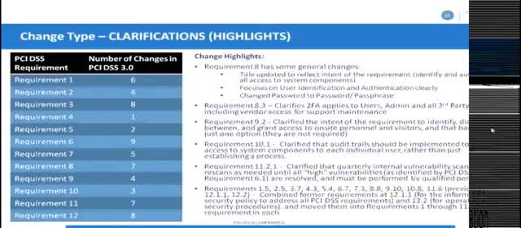Requirement 11.2.1 clarifies that quarterly internal vulnerability scans include rescans as needed until all high vulnerabilities, as identified by PCI requirement 6.1, are resolved, and must be performed by qualified personnel. Essentially, the intent has been the same. Even the previous version did talk about the rescans.